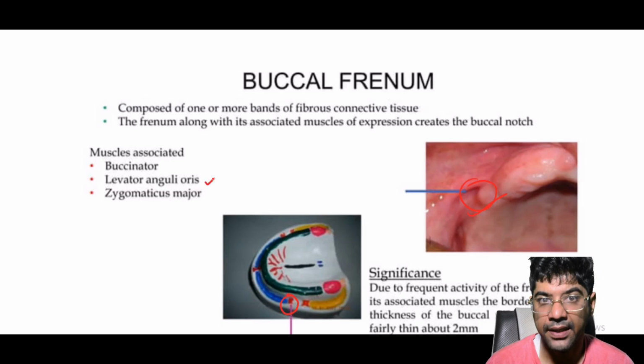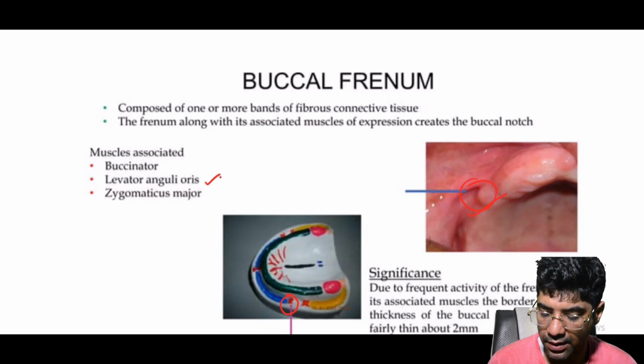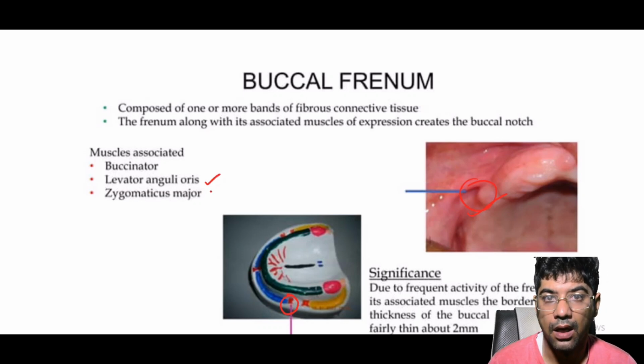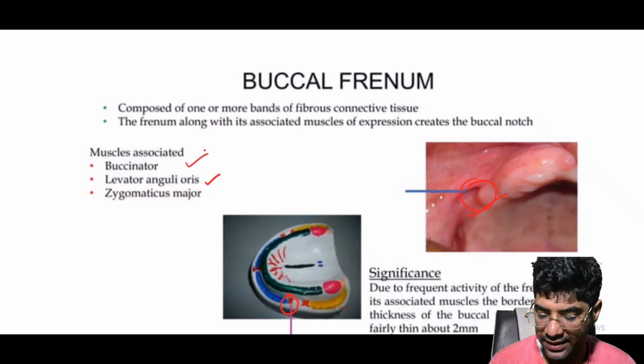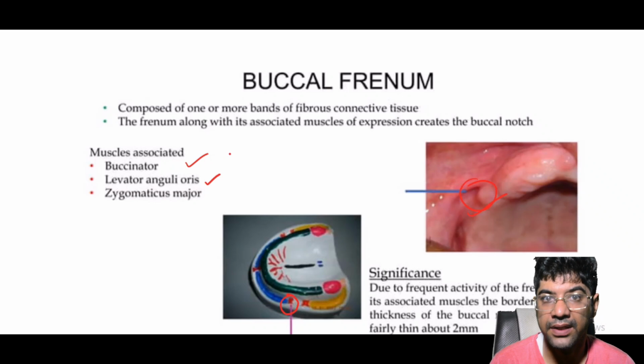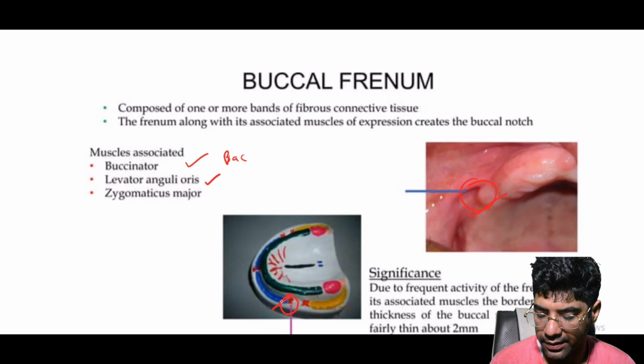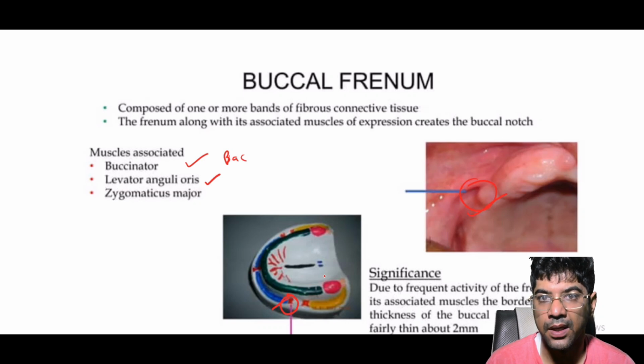The muscle attachments here are the levator anguli oris, which attaches beneath the frenum, the orbicularis oris, which pulls the frenum forward, and the buccinator muscle, which will pull the frenum backward. So due to the influence of these muscles, the buccal frenum requires a wider and shallower clearance on the buccal flange of the denture.